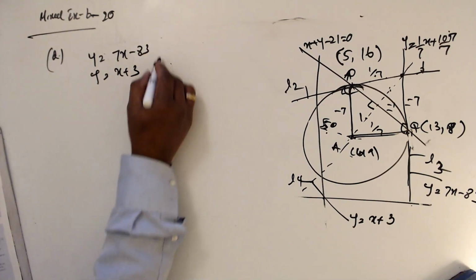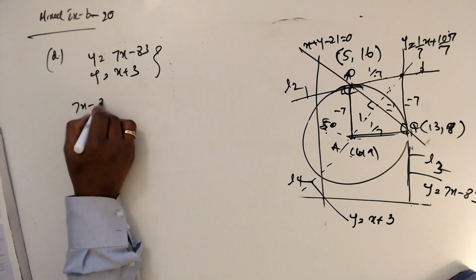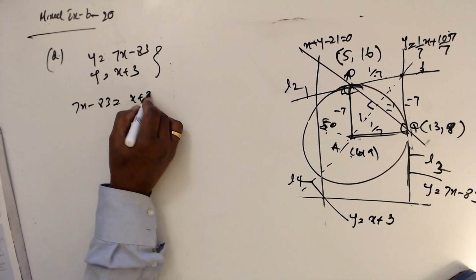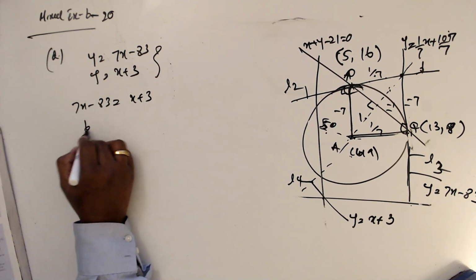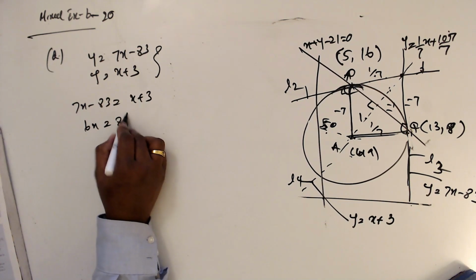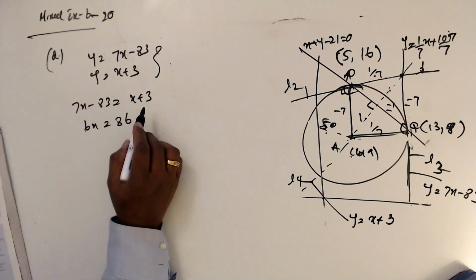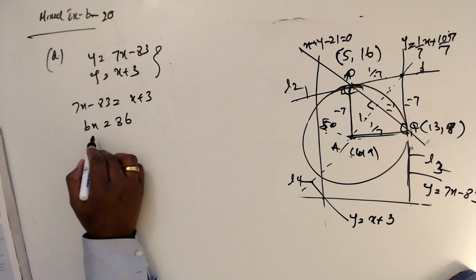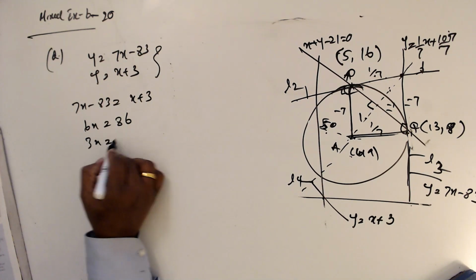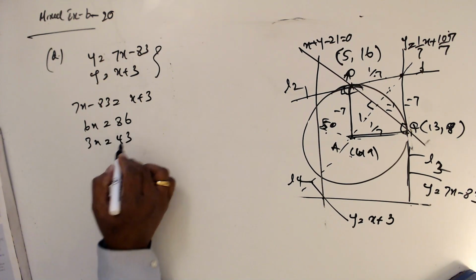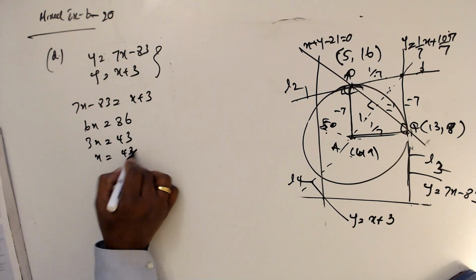I'm going to solve this one. 7x minus 83 equals x plus 3. This is going to be 6x equals 86. It means 3x equals 43. x equals 43 over 3.